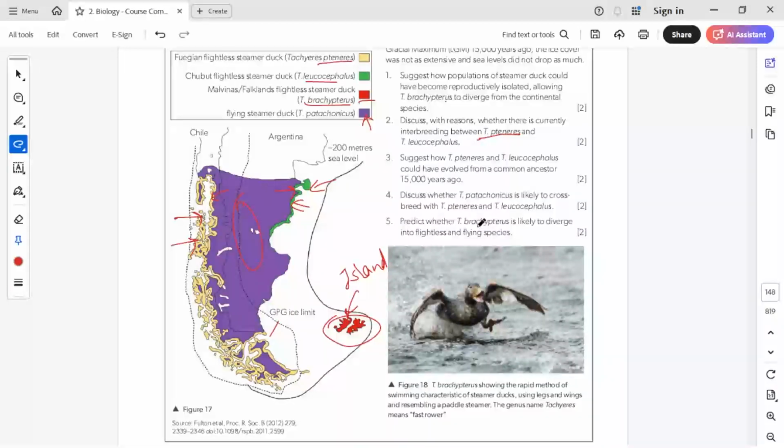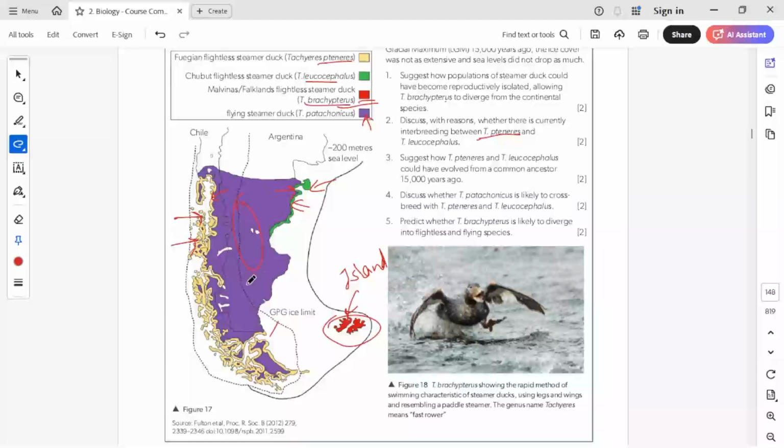Okay, now predict whether T. brachypterus, the red one, is likely to diverge into flightless and flying species. It might diverge because the flying ducks which are present over here might fly and reach up to these particular species, and in that case they might get genes from these particular ones.